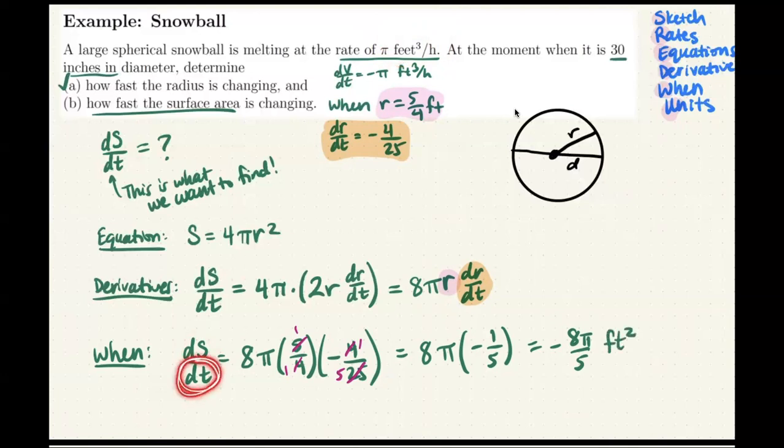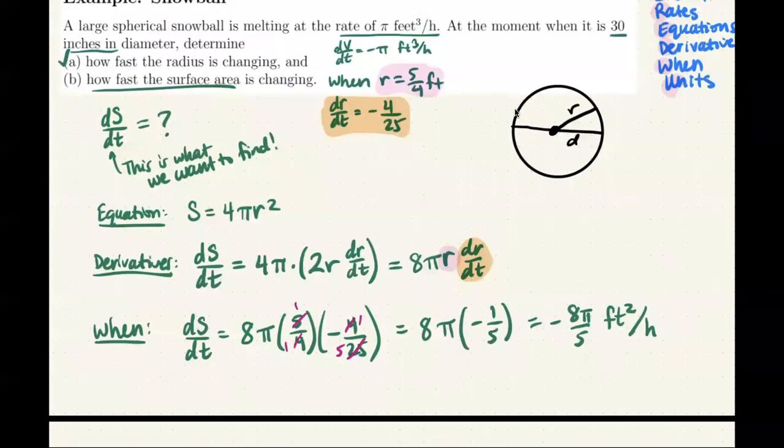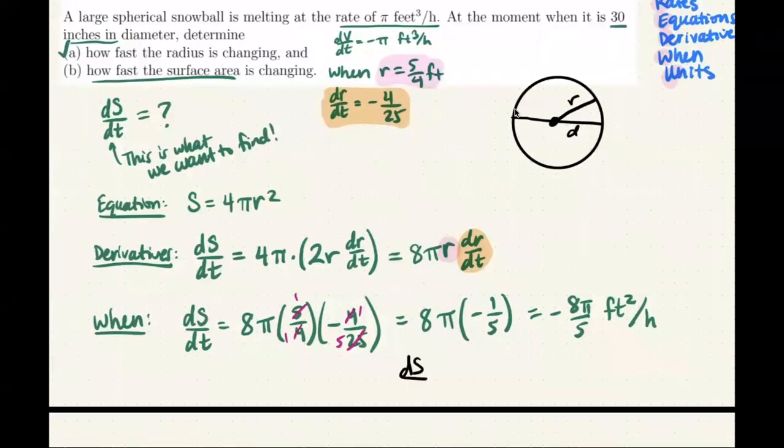And this is over time, and time here is in hours. So if I write this a little cleaner, dS/dt is negative 8 pi over 5 feet squared per hour. And that's my final answer for part B.